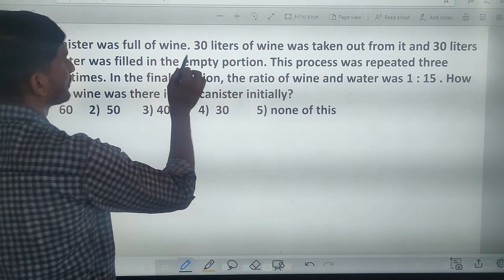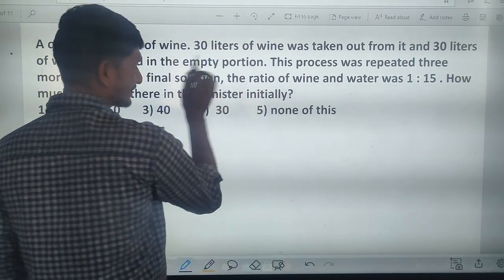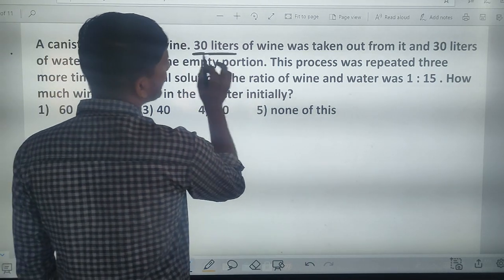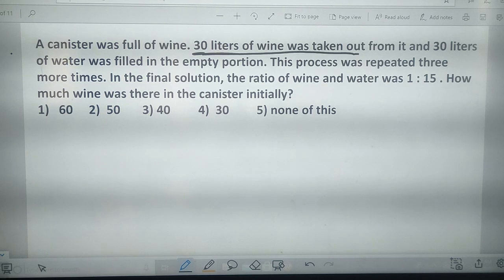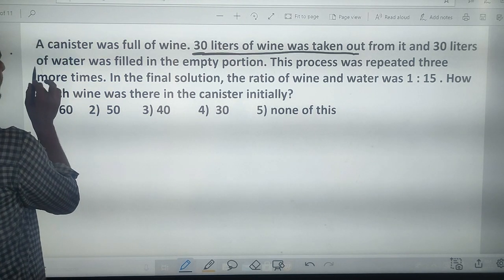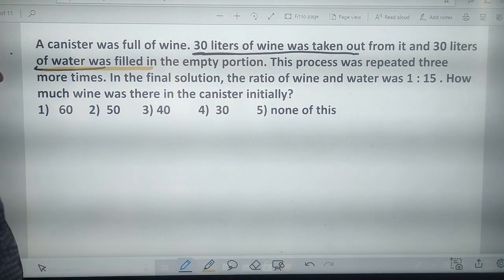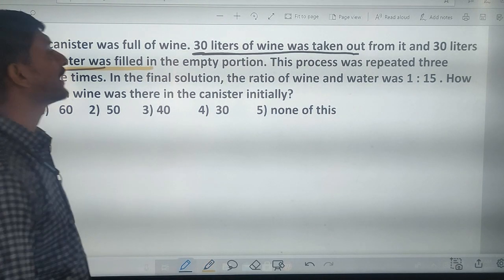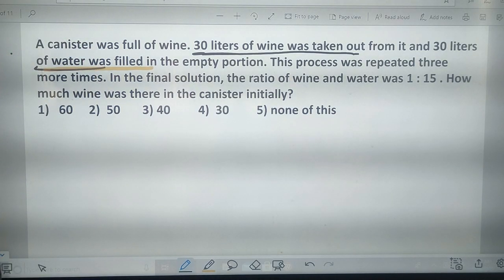Next, full of wine. 30 liter of wine was taken out. Here is the same type of example. 30 liter of wine was taken out from it and 30 liter of water was filled in the empty portion. This process was repeated 3 more times.